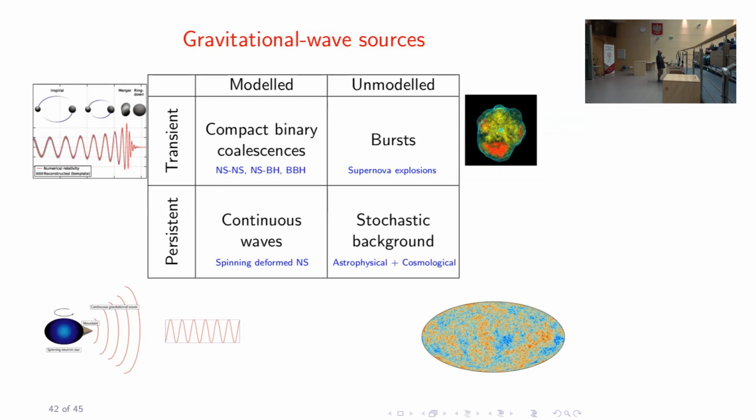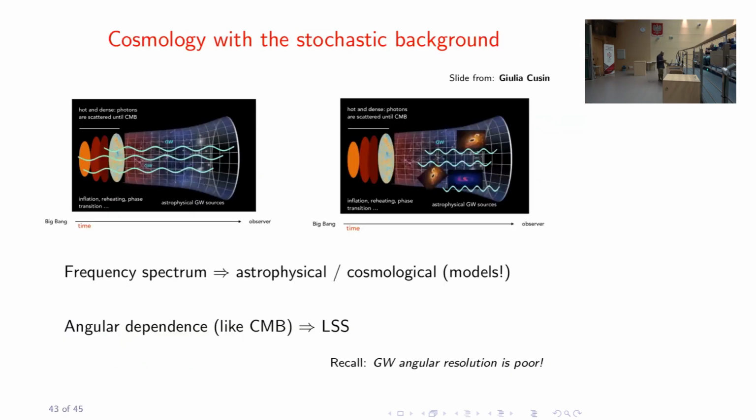Unfortunately, I'm not talking about that, partly because that's not really my field of expertise, but essentially I already mentioned briefly that the frequency spectrum is different for astrophysical and cosmological background. So once one observes this stochastic background, one would be able to make out whether it's an astrophysical background or a cosmological background.